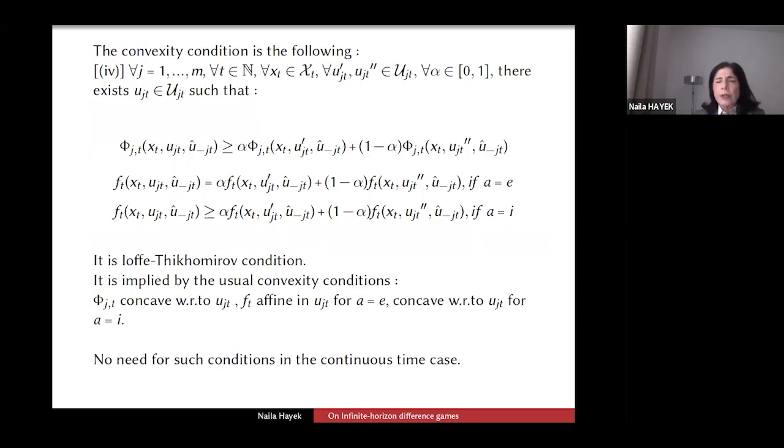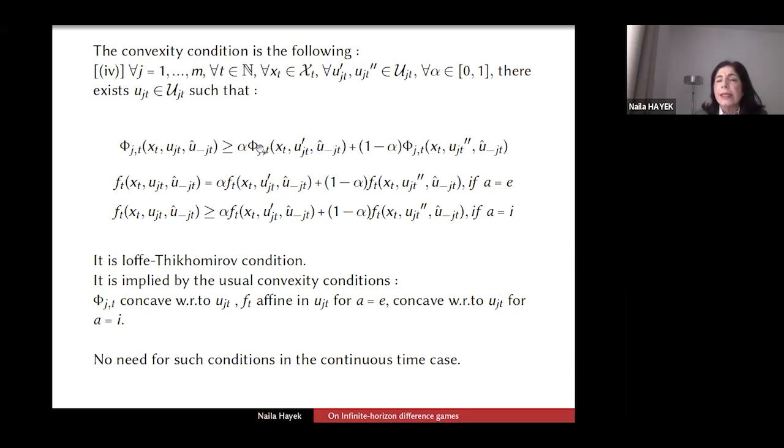The convexity condition, you see, is quite a complicated convexity condition. It is due to Ioffe-Tikhomirov in the control problems. It means that for every couple u prime jt, u double prime jt, there exists a u hat jt such that you have this condition, which looks like what we have.